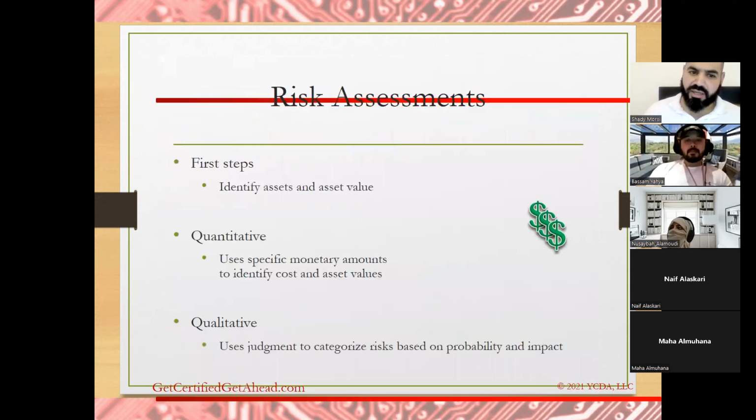Okay, great. In the risk assessment, the first step, guys, is to identify your assets and asset value. You need to understand what kind of assets they are and how critical they are to my business. Because at the end of the day, if you lose your database, it's going to impact you. Can I put money on this impact? I will give you an example. Let's say I have a sales website selling, for example, perfume.